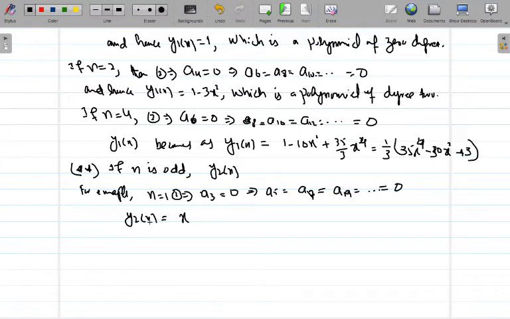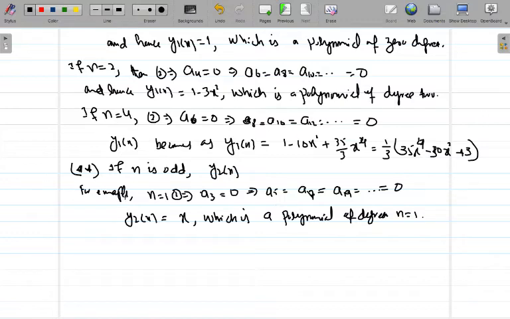While putting these values in the general solution, we get a polynomial of degree n, where n we have taken in this case 1.